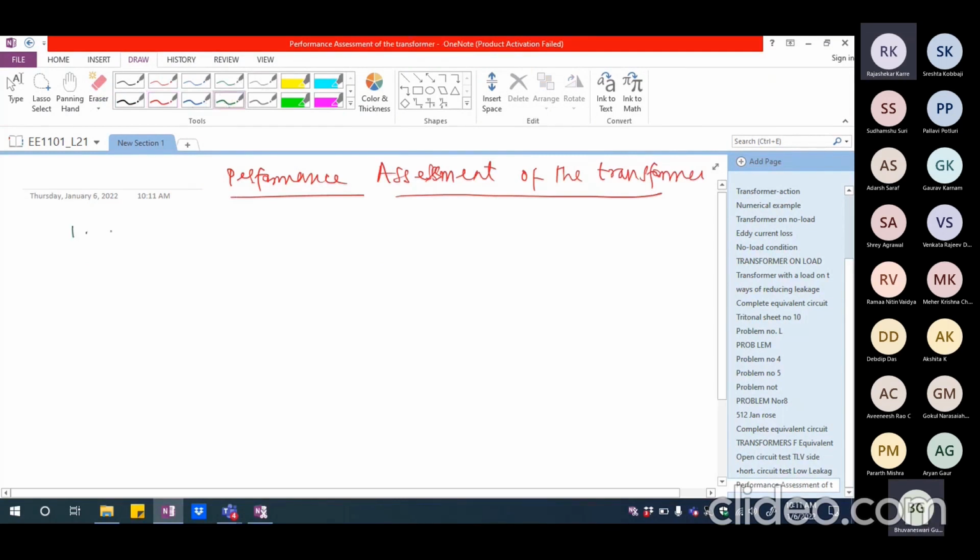Two performance parameters we specifically see for the transformer are efficiency, and the second one is voltage regulation.